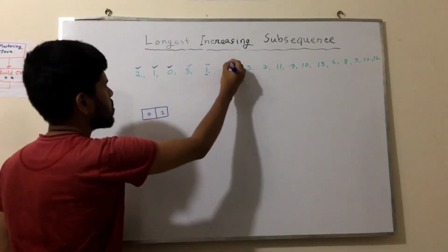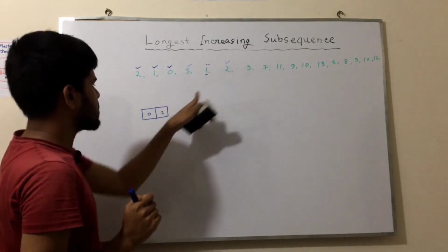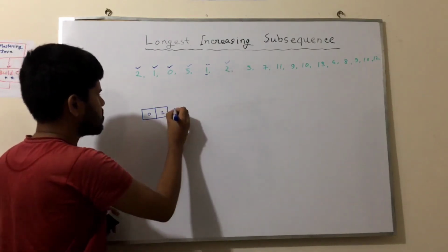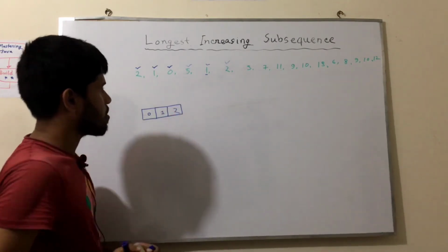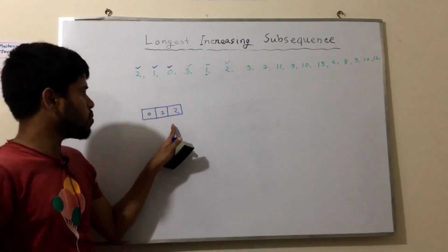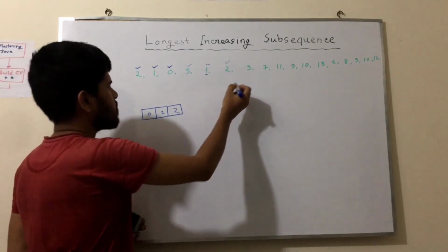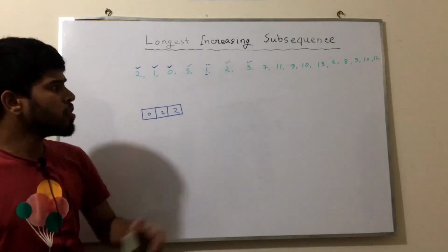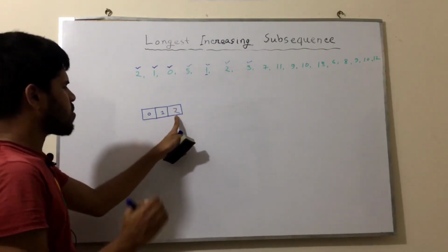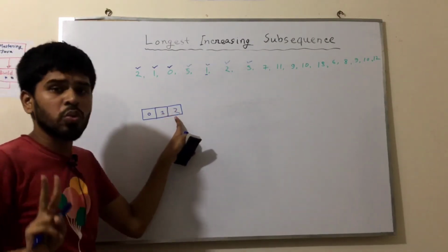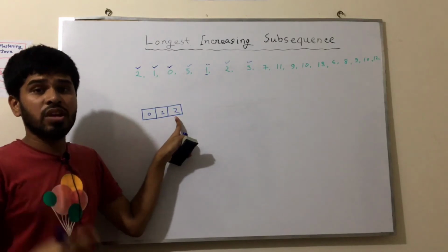Now we have 2. We see 2 is greater than the last element, so let's add 2 here. Now let's move forward. We have 3. Before moving to the next element, what does this 2 tell us? It tells us that on the left of 2 we have at least 2 elements which are less than 2, and they are maintaining the relative order.